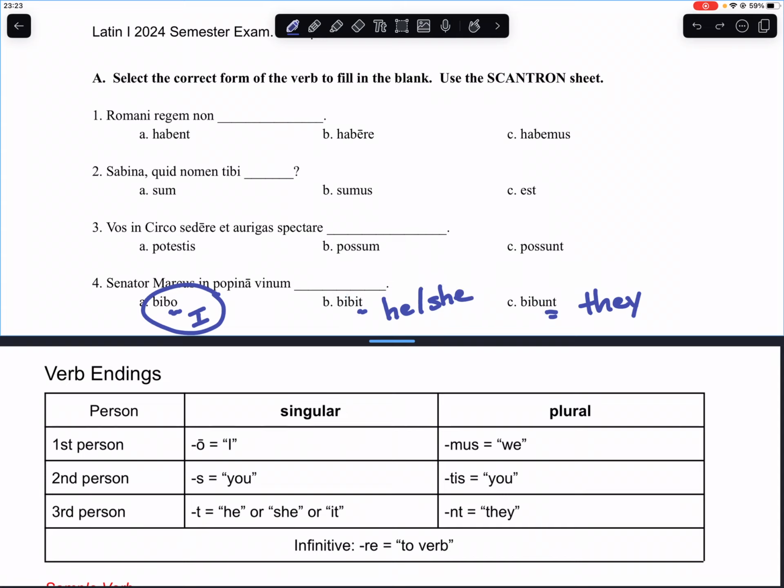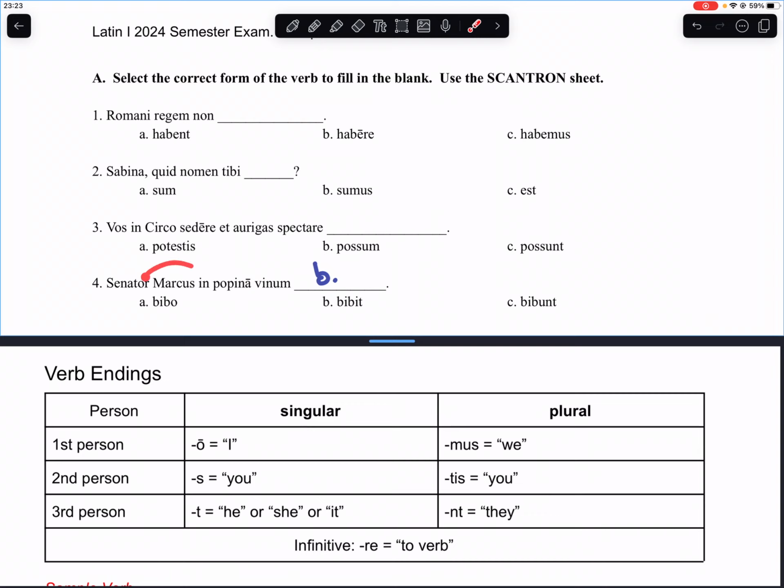And hopefully you picked he for Senator Marcus, and so the answer to that would be letter B, Bebit. Right? If you wanted to translate this, the sentence would read as follows: Senator Marcus is drinking Venum wine in Popina, in the bar.